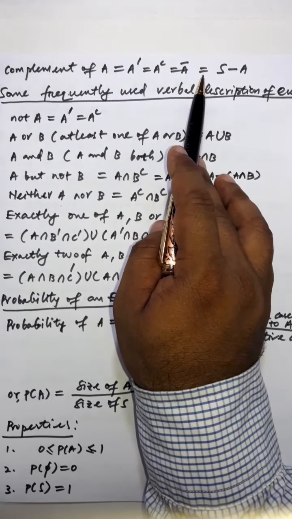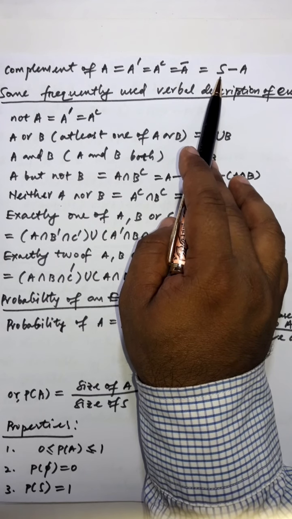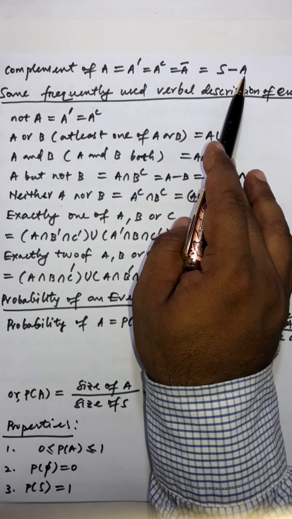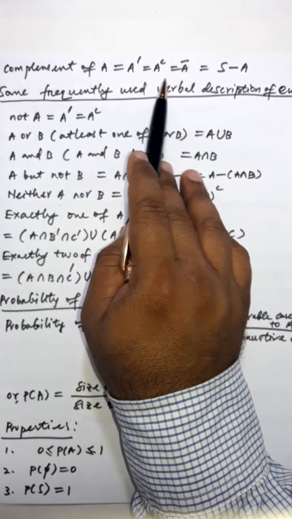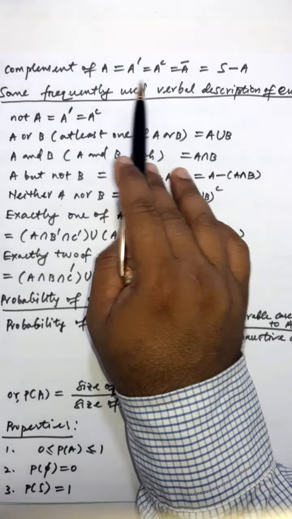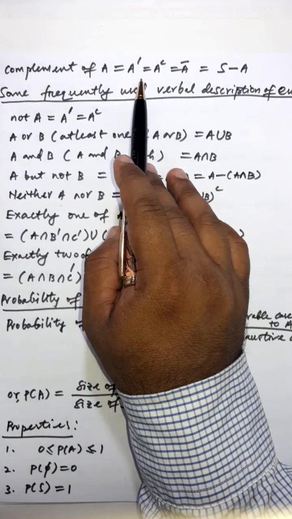The literal meaning of the complement of A is S difference A, the sample space minus the event A. That results in the complement of A. So we have three symbols, and in different books different symbols are used. You can use the symbols according to your own convenience.